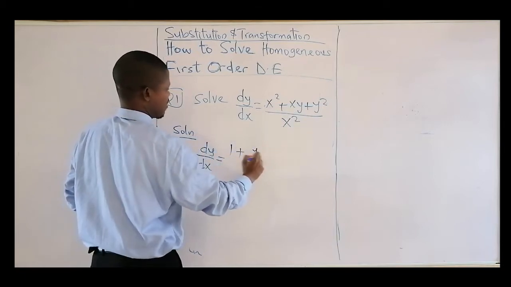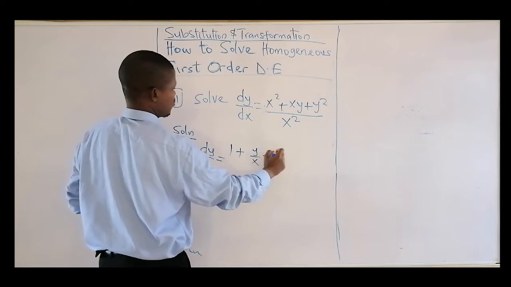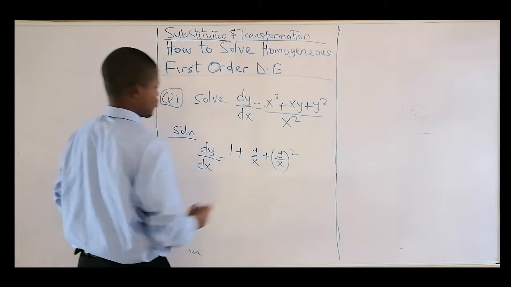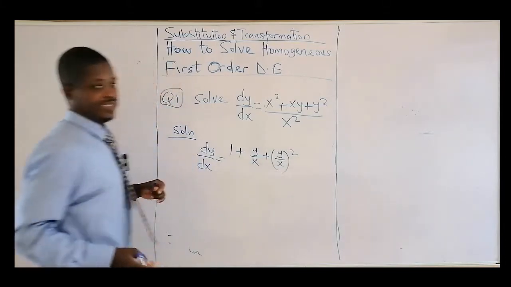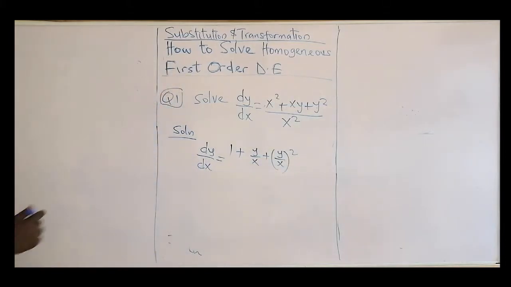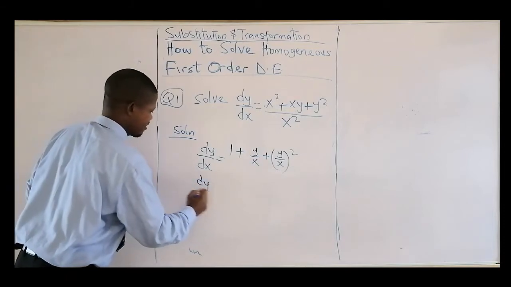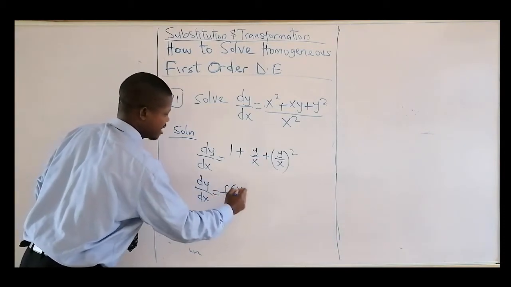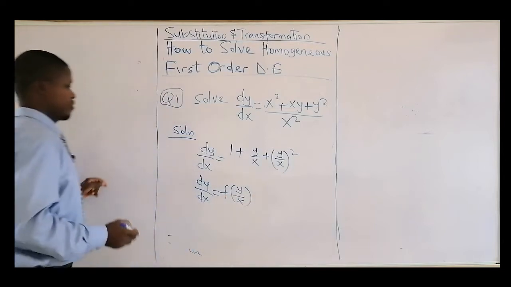So then will be y over x, then plus this will be y over x squared, that is y squared over x squared. And already the denominator has gone. So we can see now we have dy/dx as a function of this fraction.